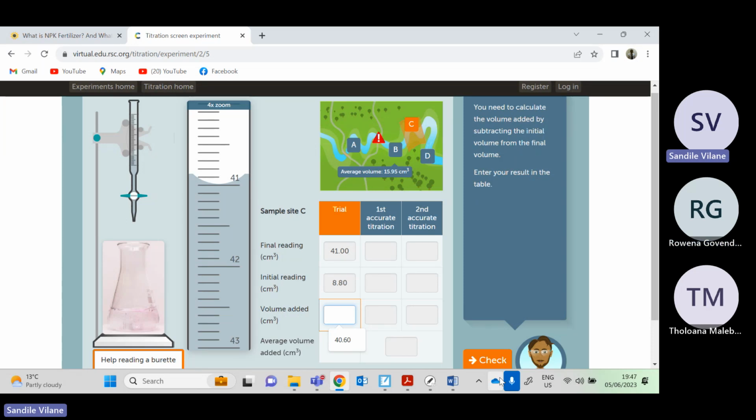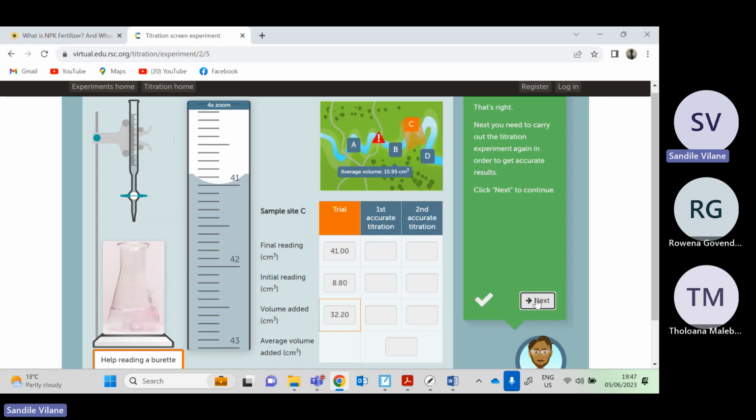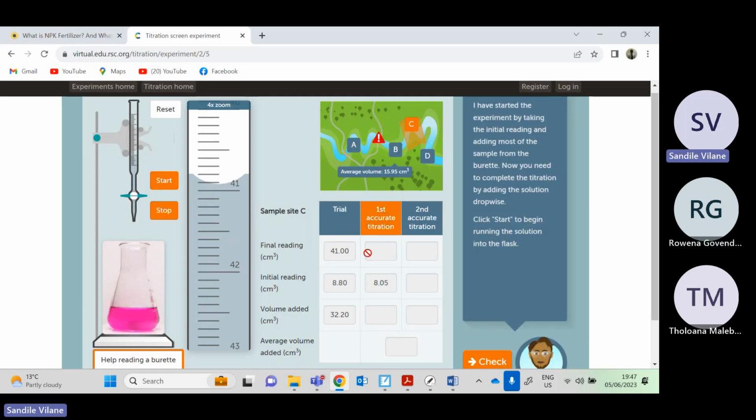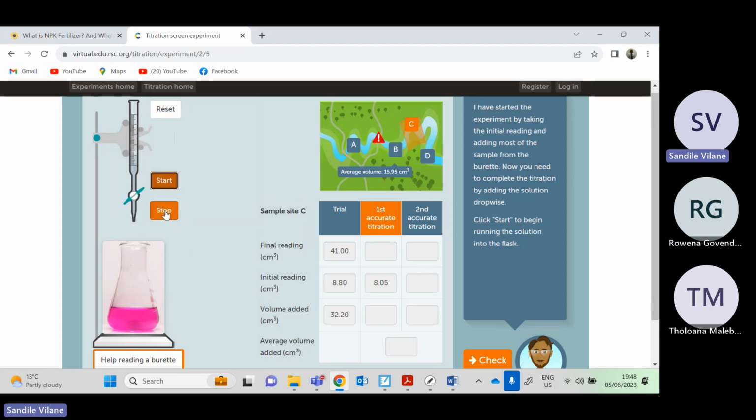No, that can't be true. 41 minus 8.8. 32.2. Did you say 32.2, Rowena? Yes, sir. All right. Now we are going to titrate again. Let us do it again. So start.